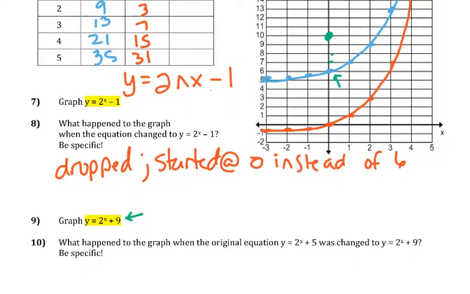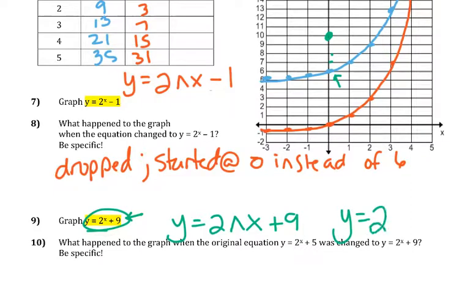So let's try that. Put this in your calculator, back in your y equals menu. Remember, y is equal to 2 to the x power and then plus 9 if you're on a TI-83. If you're on a TI-84, do 2 to the x power, but then make sure you get out of the exponent to put a plus 9. Do not put the plus 9 as part of your exponent. That would be wrong.